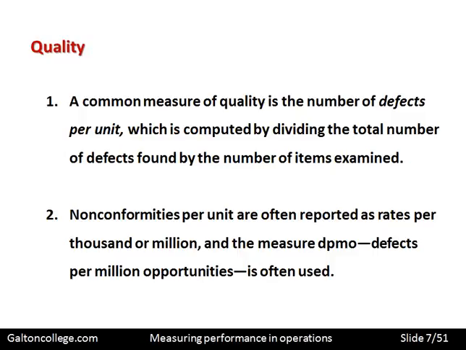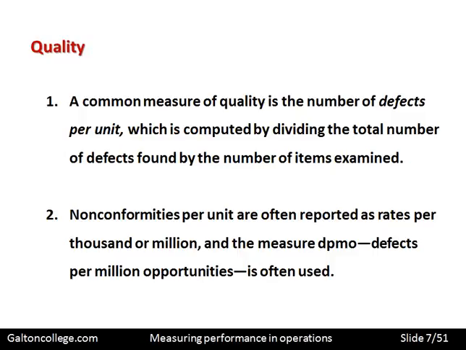Non-conformities per unit are often reported as rates per thousand or per million, and the measure is DPMO, defects per million opportunities. We'll come across this DPMO, or this concept of measuring per million opportunities.